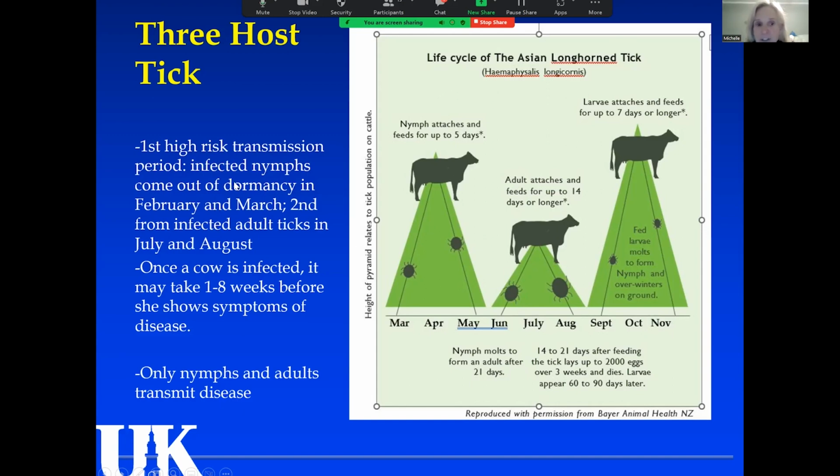So the first high risk transmission period is when they come out of dormancy, February, March. Second, from infected adult ticks, July and August. Once a cow is infected, it might take 1 to 8 weeks before she shows symptoms of disease. So they get infected maybe in August, but they don't actually show any problems until October, which is when we have our peak.